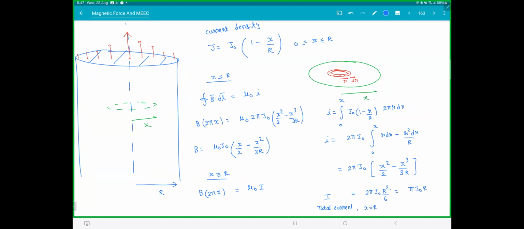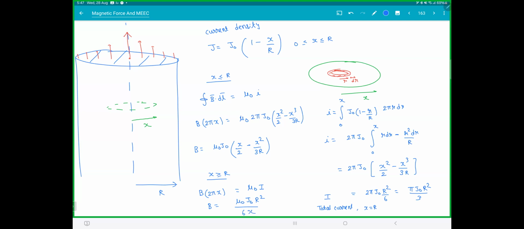So pi J naught R squared by 3. That's your total current. So that would be mu naught J naught R squared by 6x.